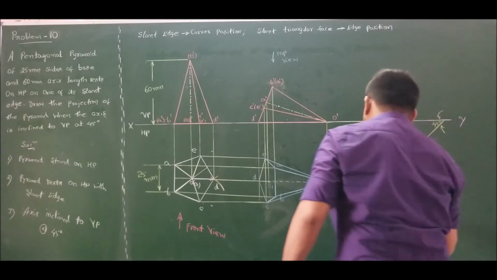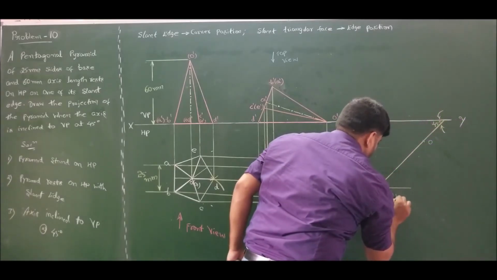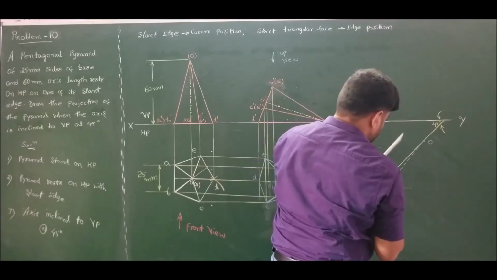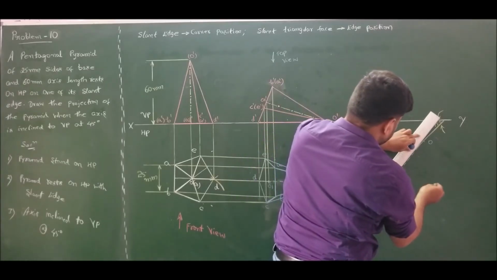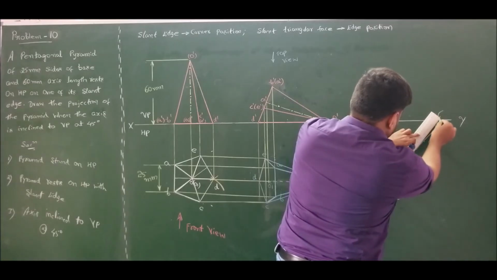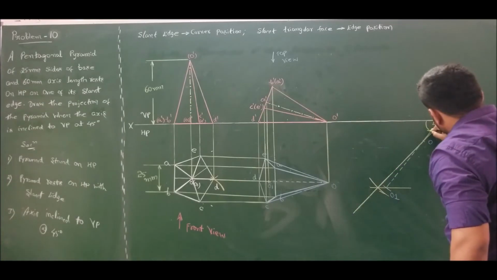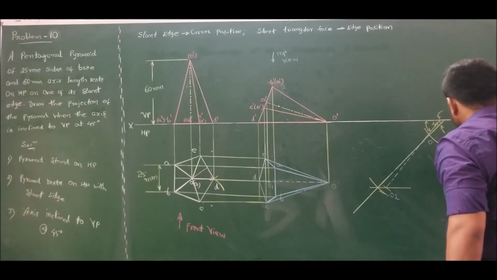This new point is nothing but O1 for us. Join this O O1, extend it to intersect the XY line to measure the beta angle. The beta angle for this problem is turning out to be 48 degrees.